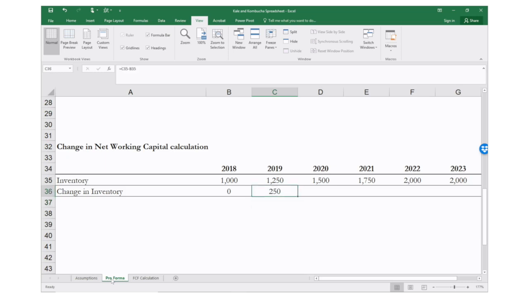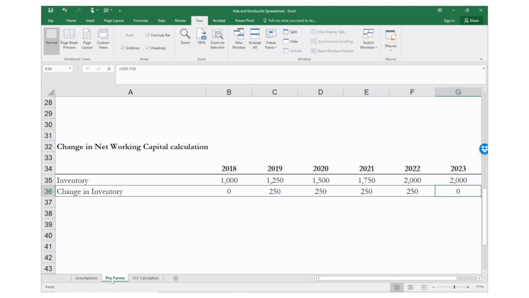And so now, try to think about which years are going to have a change and which are not. Well, the answer is the years where I'm building out stores will have a positive change in inventory. I'm investing more, and a significant amount in this case, $250,000 in 2019 through 2022.